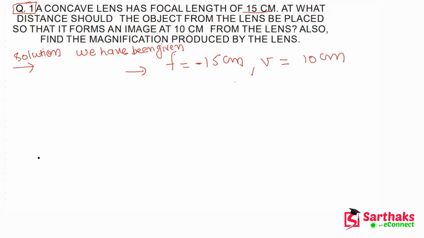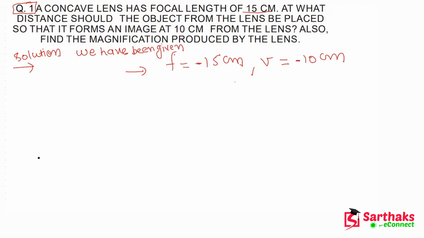Now, if I ask you whether I should take it negative or positive, definitely it will be negative. Why? Because when we were discussing the concave lens, we saw that a concave lens always forms an image on the left side, at this side. So that's why it is taken as negative, so minus 10 centimeter.